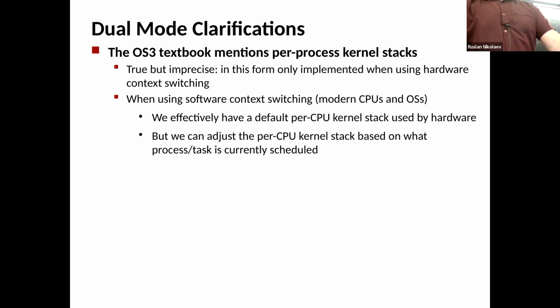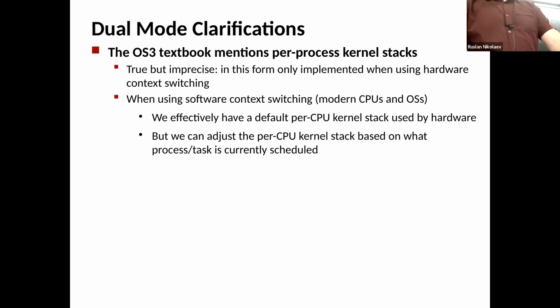Not to mention that RISC processors would not want to implement anything like hardware context switches because they're really trying to be minimalistic. This hardware context switch functionality was kind of disabled in x86-64, in 64-bit mode, so we only have software context switches. And as far as I know, neither Linux nor Windows have ever used hardware context switching, even for 32-bit mode.